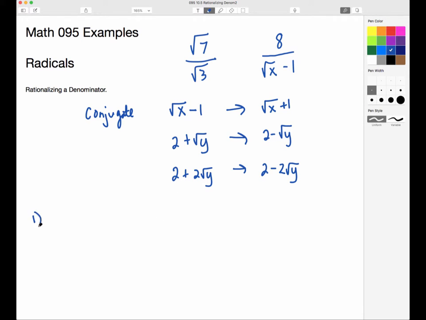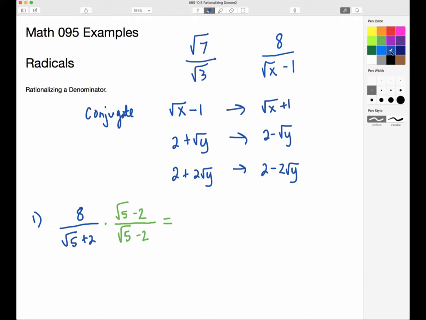So let's do problem 1. Let's take 8 and divide it by the square root of 5 plus 2. To rationalize this denominator, again, we're going to use the same tool of multiplying by a version of 1, but this time 1 is going to look like the square root of 5 minus 2 over the square root of 5 minus 2.